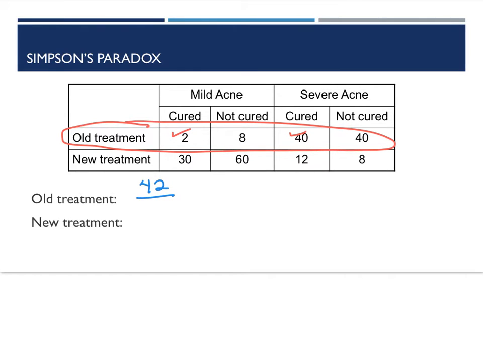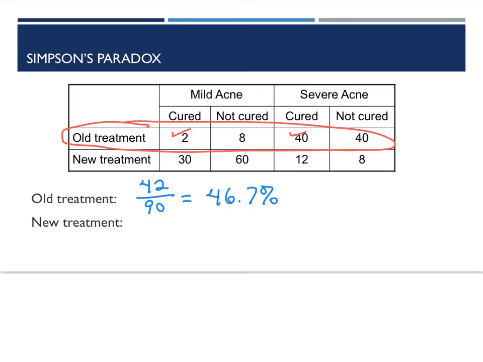I have to add them all up. So 40 plus 40 is 80, plus 8 and 2 is 10 more. 42 out of 90 people were cured with the old treatment. So if I change that to a percentage, that's 46.7% were cured with the old treatment.